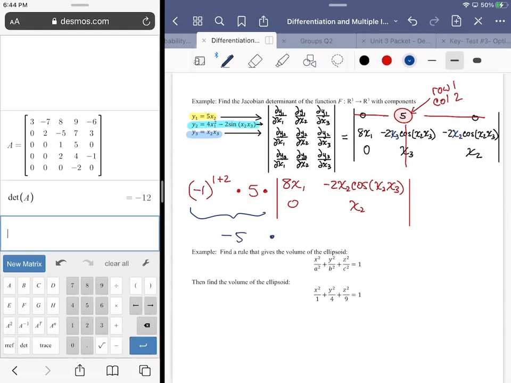The diagonal down is 8 x sub 1, x sub 2. Diagonal up is 0, so that goes away. So my Jacobian is going to be negative 40 x sub 1, x sub 2.